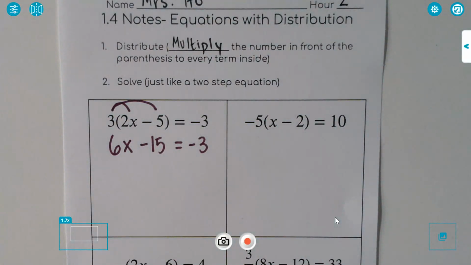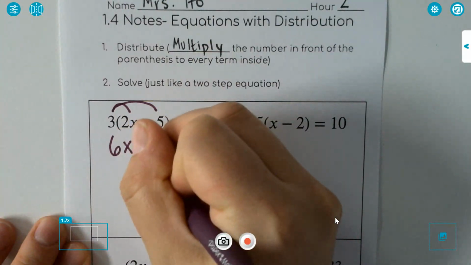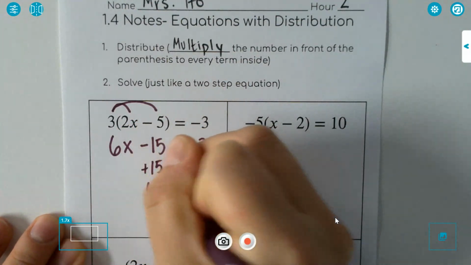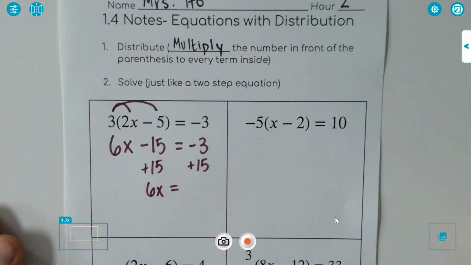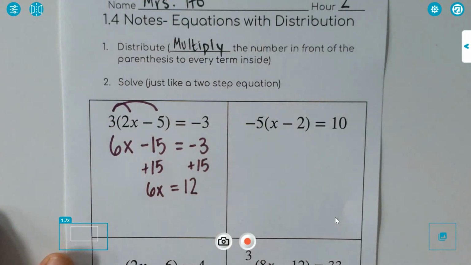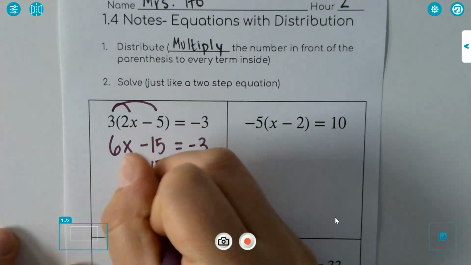Okay, from there, we solve for x. So I'm going to add 15 to both sides. I've got 6x equals negative 3 plus 15 is 12. And then I divide both sides by 6.